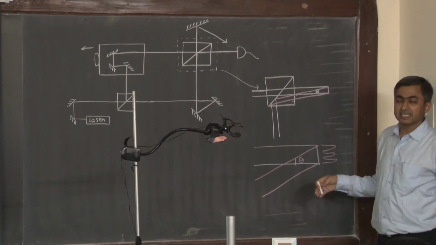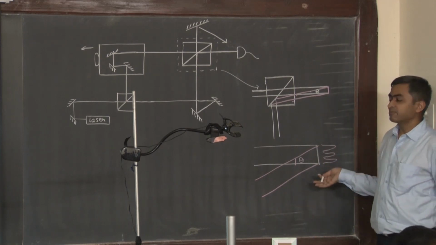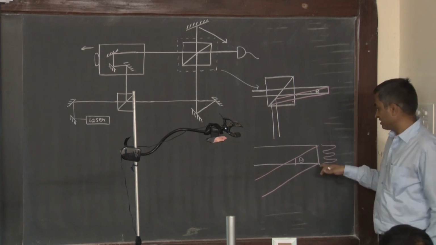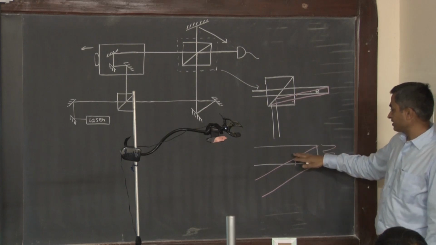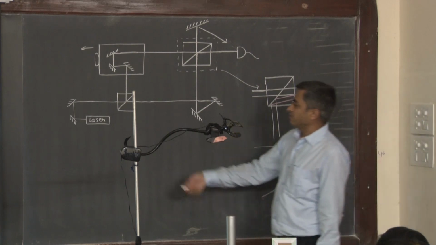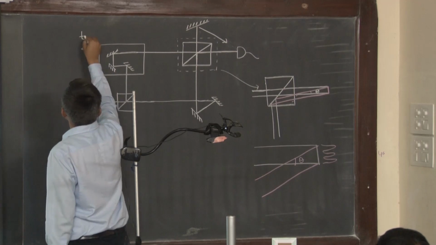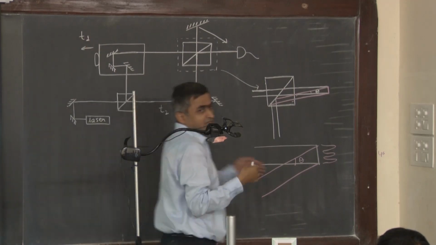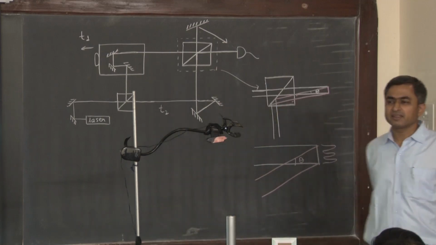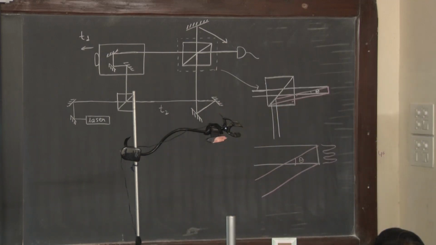But the interference can still take place if you change the time difference. Here I'm essentially changing things in space. If I bring theta to 0, but I can still change T1 and T2 somehow, that will give me a fringe pattern. But where will that fringe pattern be? In space or in time?